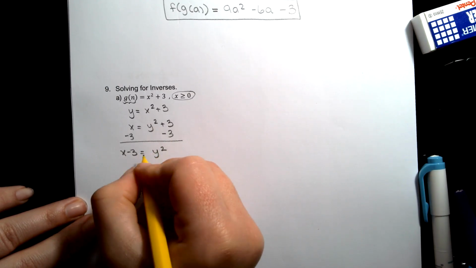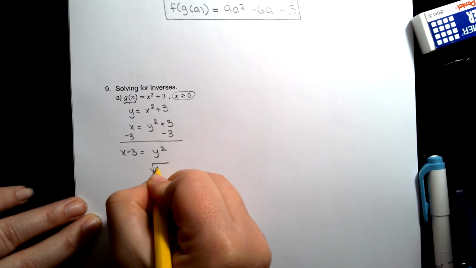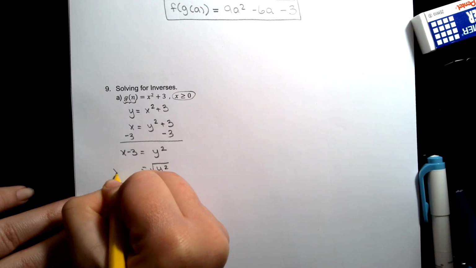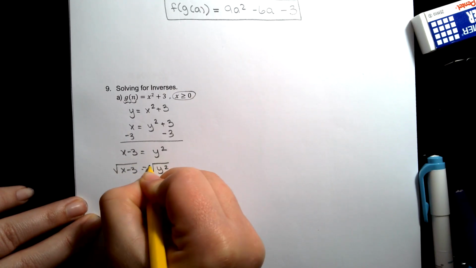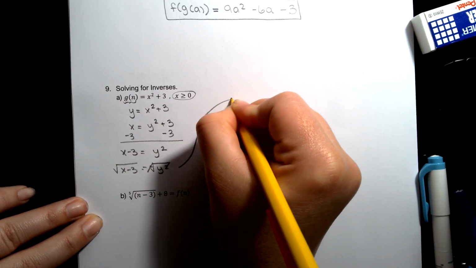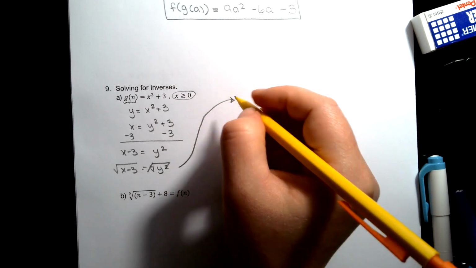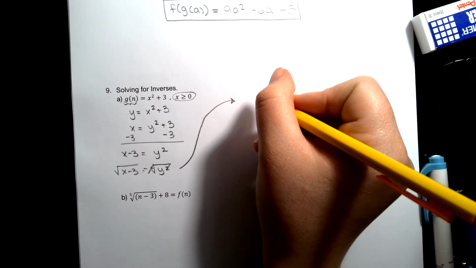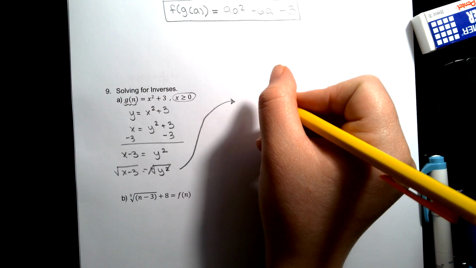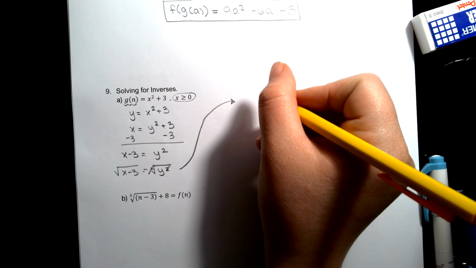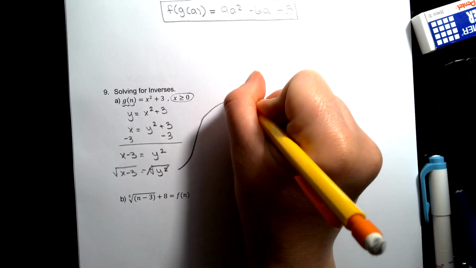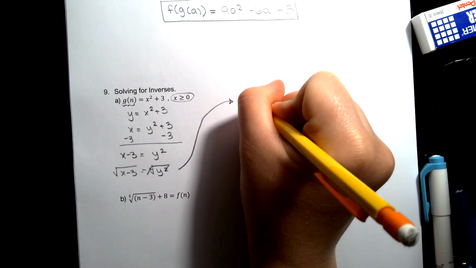Taking the square root, and let's bring this up. Okay. Now, when we are doing this solving for inverses, we are making sure to have inverse notation.